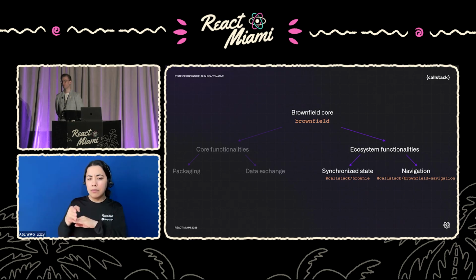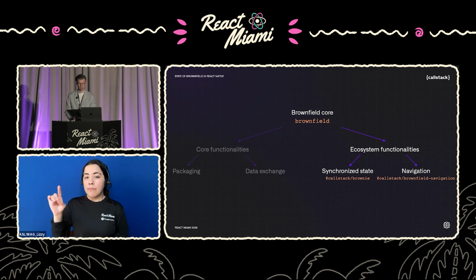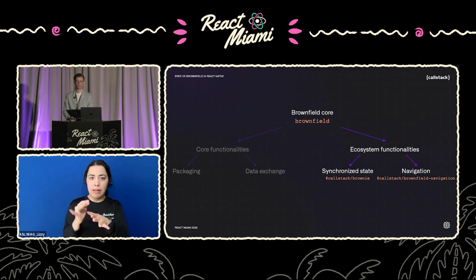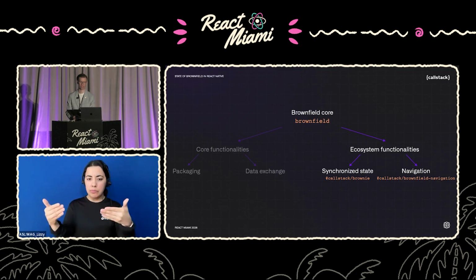And on the other hand, you have modular extensions to this that address the other challenges. For instance, there is @callstack/brownie that provides utilities for synchronized state management. You can define your own data store interfaces, then run the codegen, which generates the native glue code. And finally, you can consume the state on both sides, mutate it, listen to it from both sides.